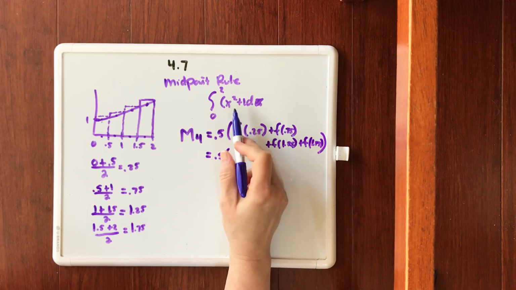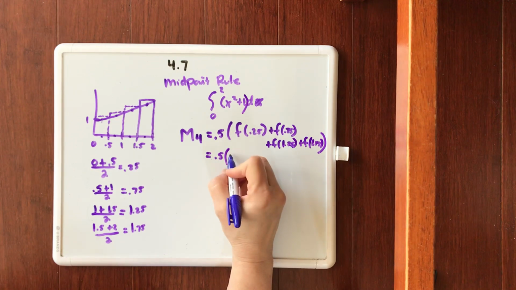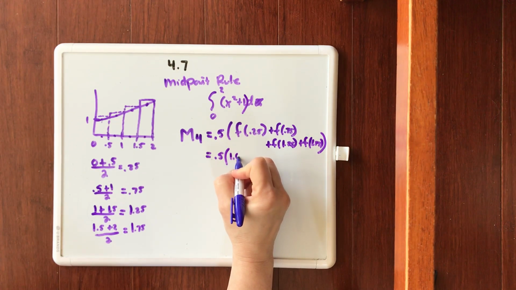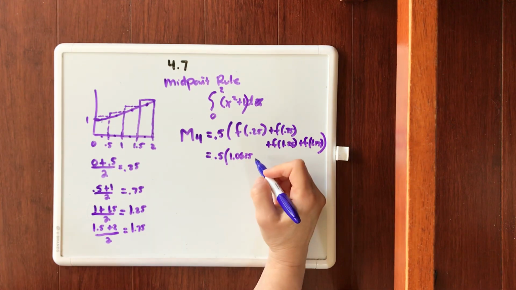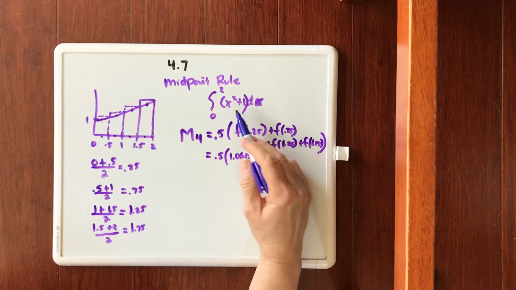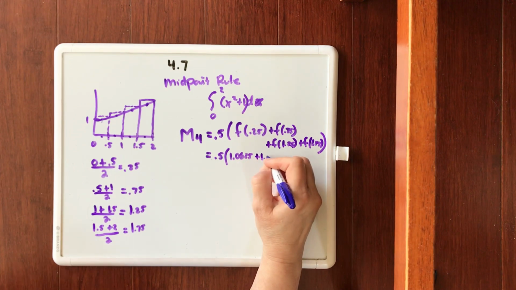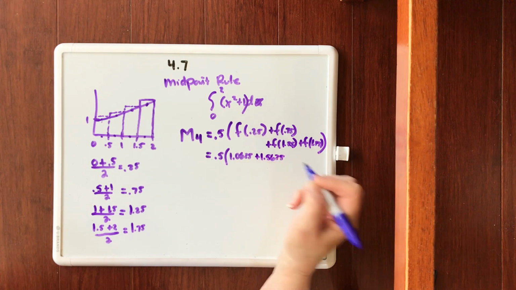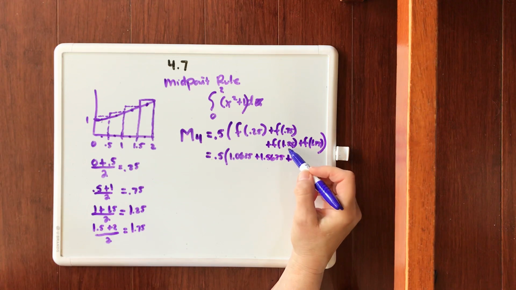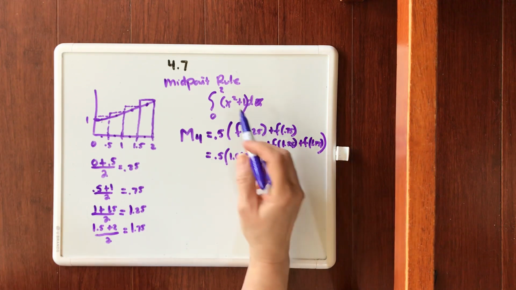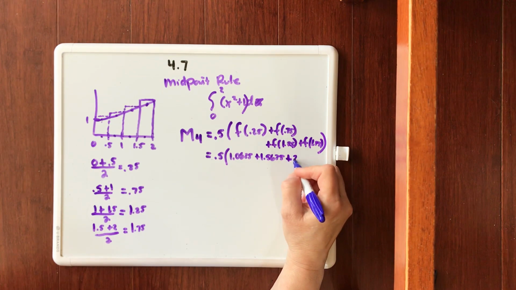So when we put 0.25 into our function, we get 1.0625. And then when we put 0.75 into our function, we get 1.5625. And then when we put 1.25 into our function, we get 2.5625.